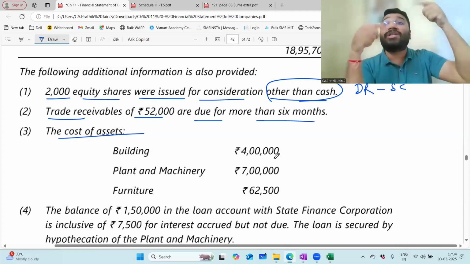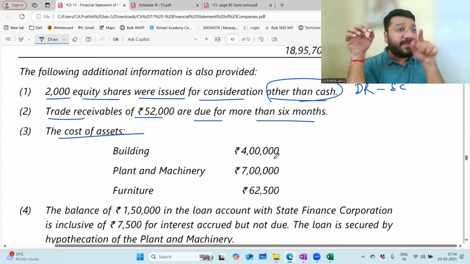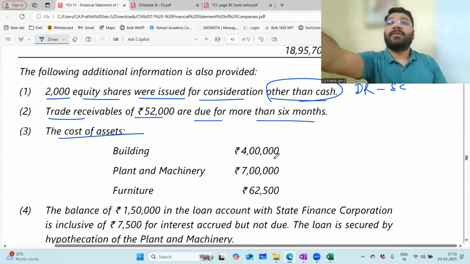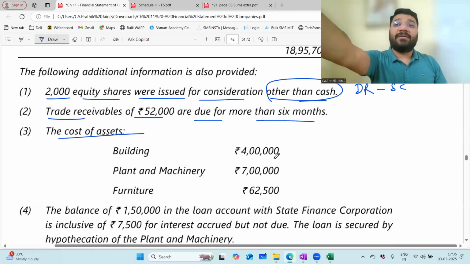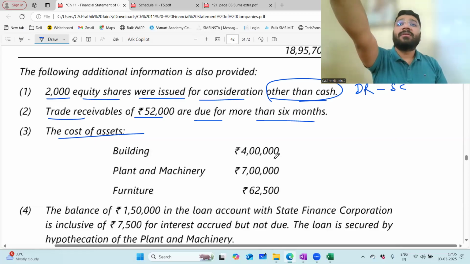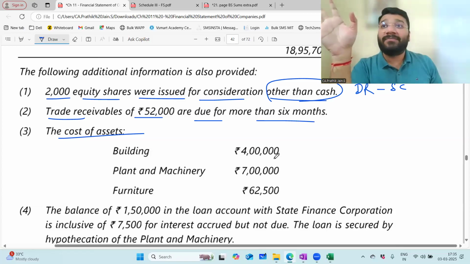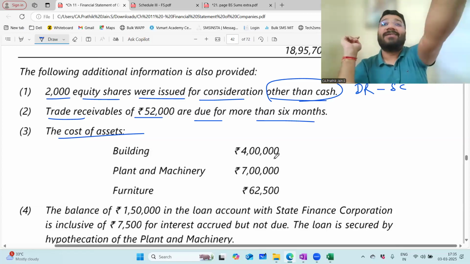PFD method means depreciation to provision for depreciation. So I am asking you, which method has this entity followed? Normal method or PFD method? Whatever information I showed you is more than sufficient to decide. There's no need to see anything else. Normal.